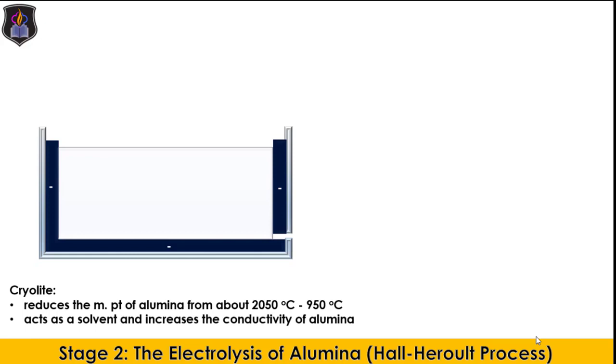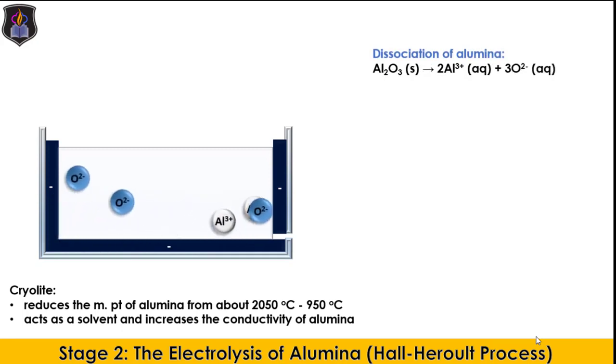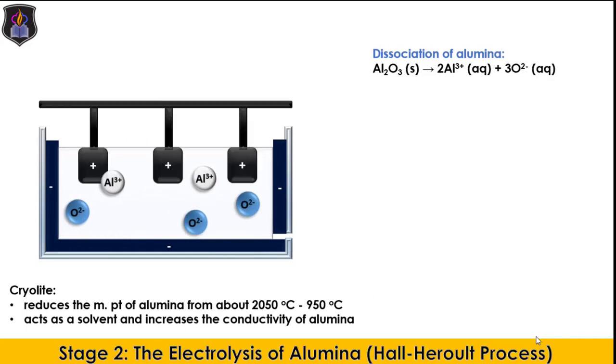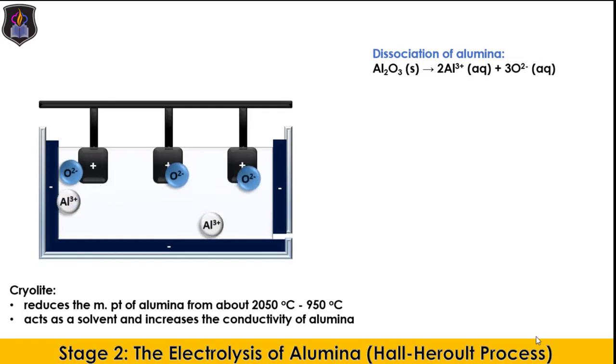Before the electrodes are connected to the power supply, the ions in the molten alumina move randomly after dissociation. On connecting the electrodes, there is a migration of ions based on the electrostatic law of attraction.